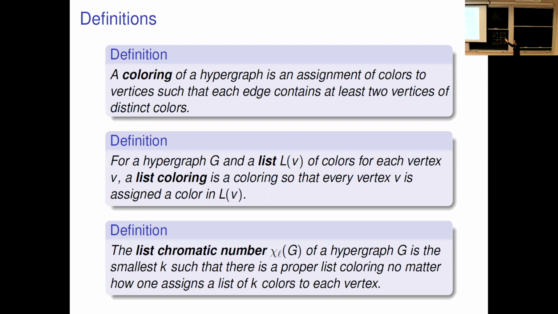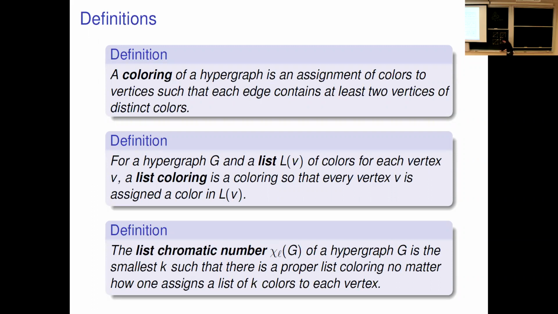But if you assign the same list of k colors to each vertex, then you see this is actually equivalent to coloring. If you have a k-chromatic graph and you give each vertex a list of k colors, then we should, in theory, be able to find this coloring.